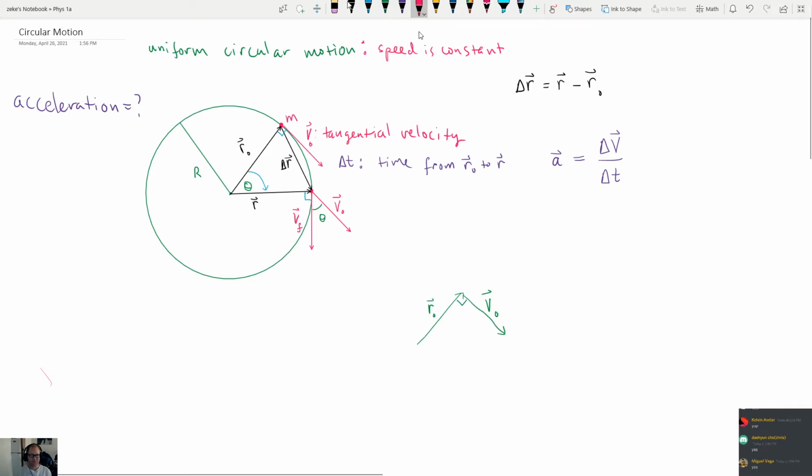So if I tilt one of them to here, to r final, and the angle that it rotates through is equal to theta, then this v initial has to rotate through the exact same angle, right? Because it maintains that right angle. Does that make sense to you all?